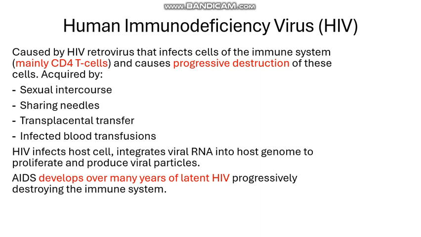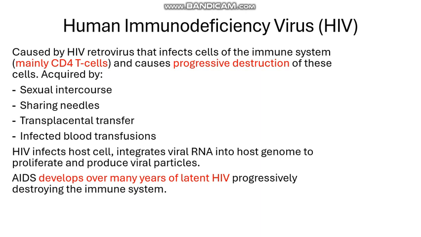HIV can be acquired through various means, including sexual intercourse, the sharing of needles, transplacental transfer, or infected blood transfusions. So, ways of breaking through the barriers of the innate immune system, like the skin, to get to mucosal gates of entry.